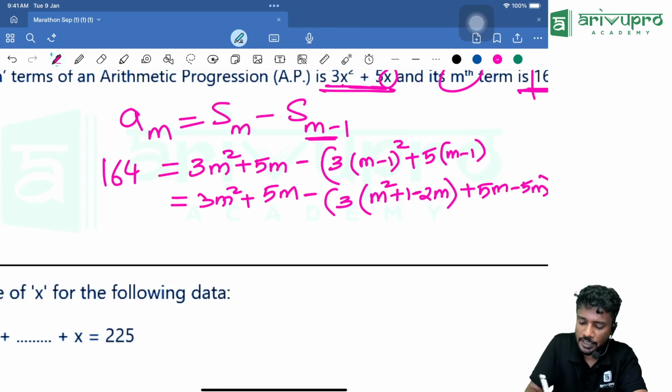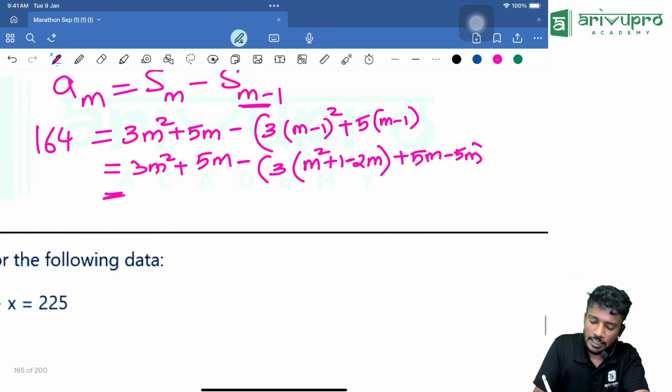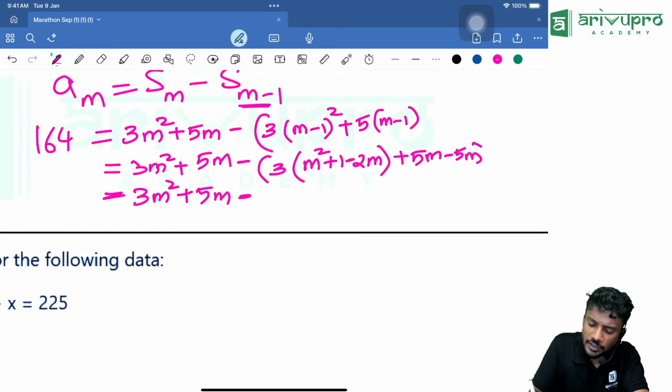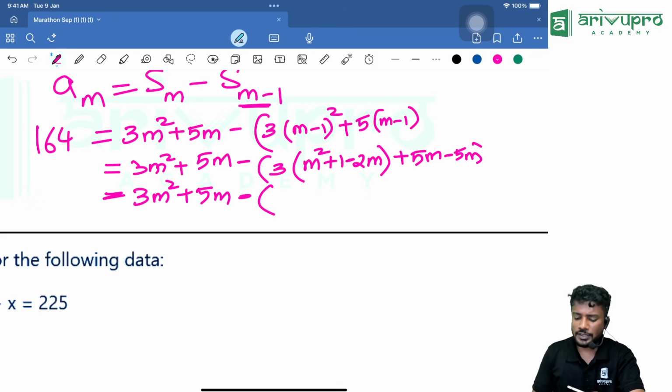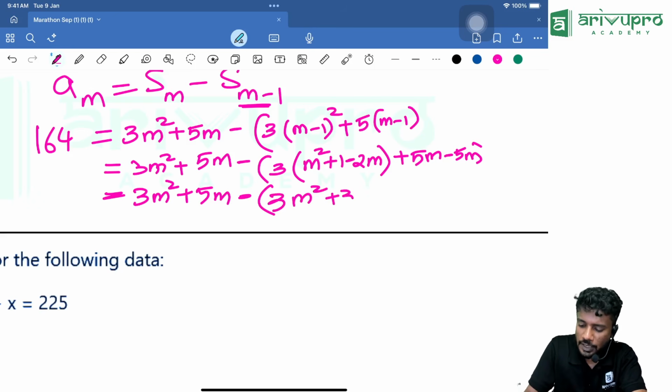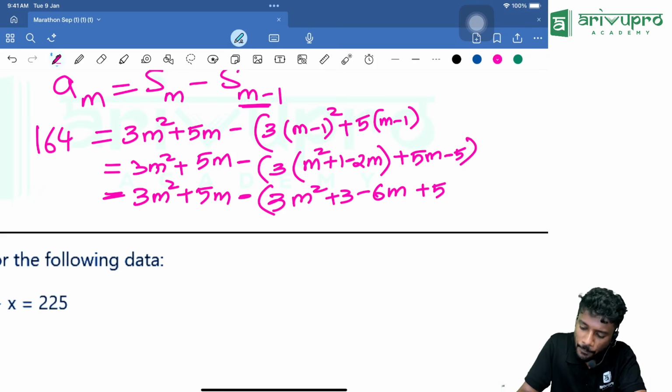Just open the bracket and simplify it. 3m square plus 5m minus of 3 into m square is 3m square plus 3 minus 6m, plus 5m minus 5.